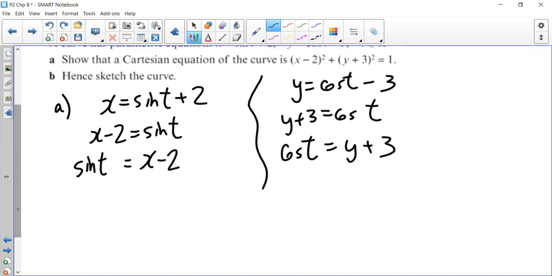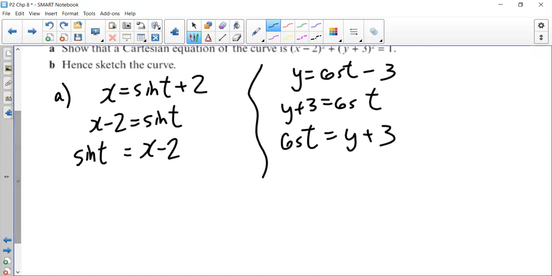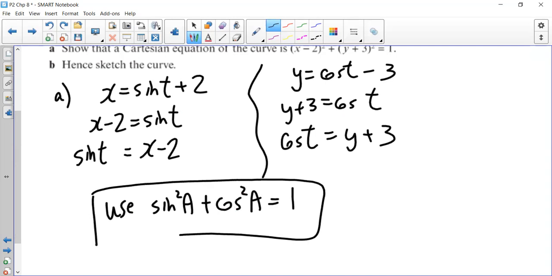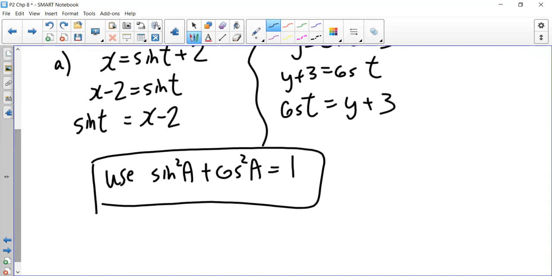Next, speaking of snacks, we're going to use a recipe, like food. The recipe is sin squared A plus cos squared A equals 1. So that's a recipe being called upon. That's your sin t, and that's your cos t.